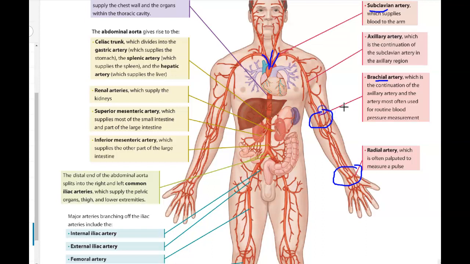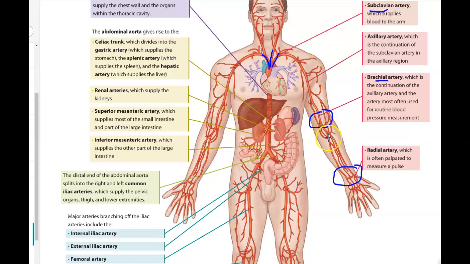Your brachial artery is the one you take your blood pressure from, okay? So let's go to the top: subclavian, axillary, brachial, and radial, okay? And it's based on where the location is.